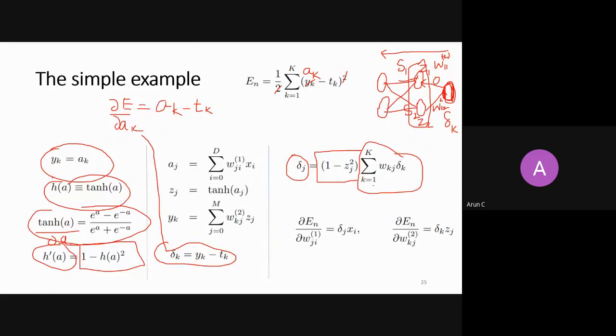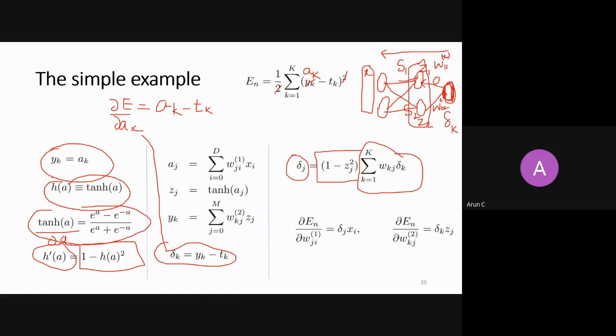And when you sum them up, what will you get? You will get the derivative with respect to input xi. You don't want to do that, so that's why you calculate delta j till here.